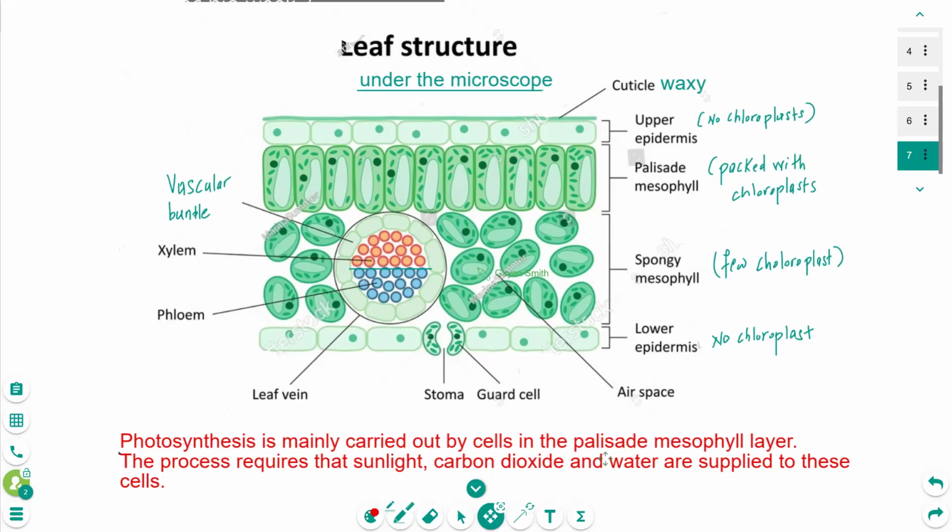So photosynthesis is mainly carried out by cells in the palisade mesophyll layer, and for them, they need to get sunlight, carbon dioxide, and water.